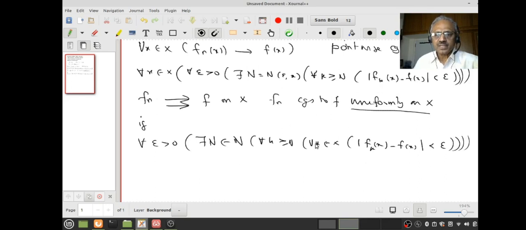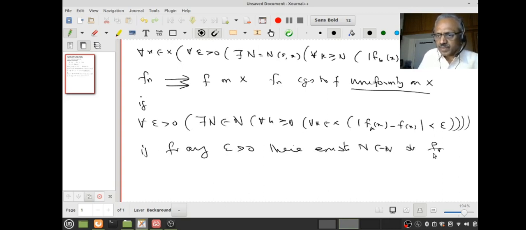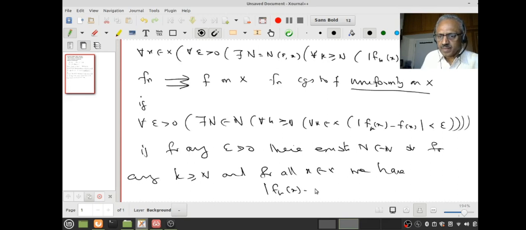Usually in textbooks, they will write the x at the end. Don't bother, we will write it this way. If for any epsilon positive, there exists a natural number N, so that for any k greater than or equal to N and for all x in capital X, we have mod f_k(x) minus f(x) less than epsilon.